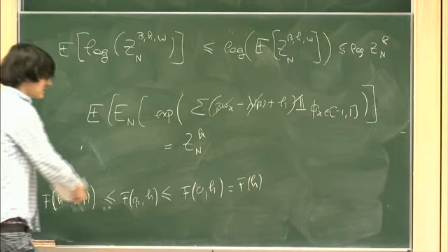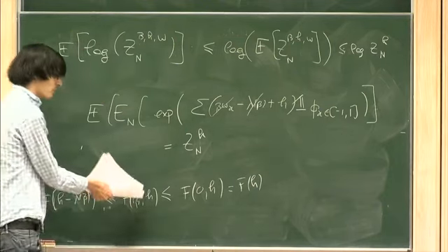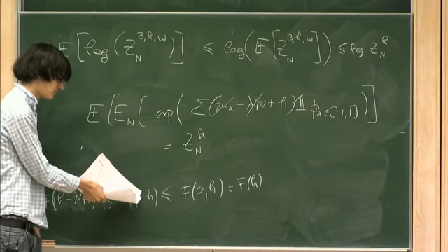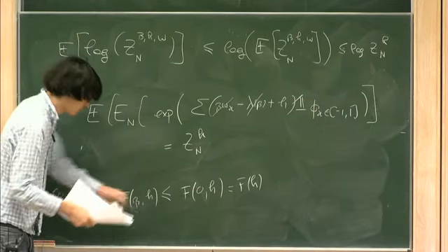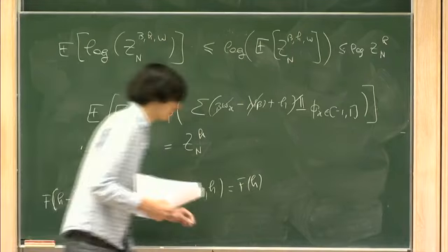So, just by this inequality, you are sure that you have a phase transition in h when beta is fixed.